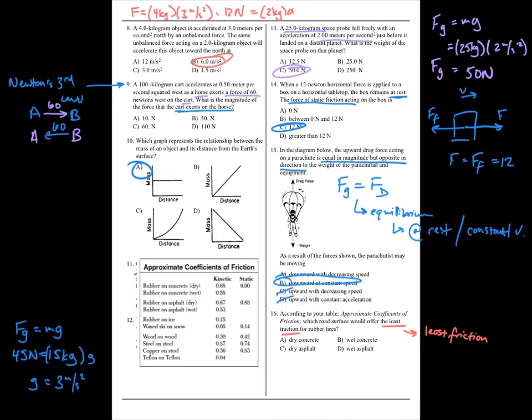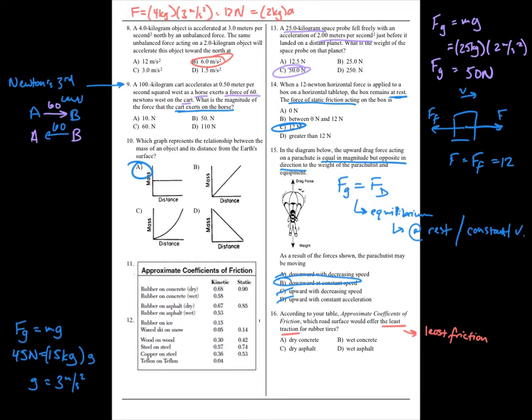That means we're looking for the smallest coefficient, because the smaller the number, the less friction there is. The higher the number, the more friction there is. So for rubber tires: rubber on dry concrete, dry asphalt, wet concrete, wet asphalt. We're looking for the one with the smallest number. It's right here, rubber on wet asphalt, so it's choice D.